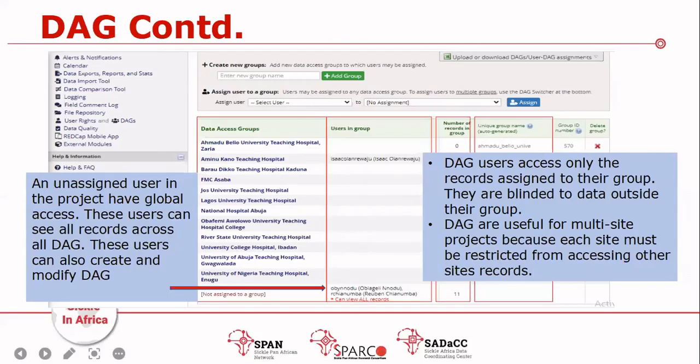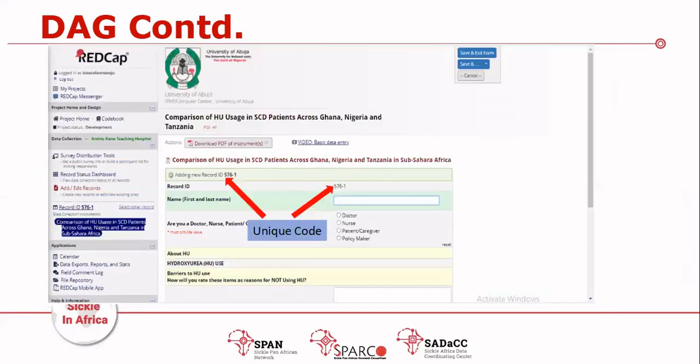Yeah, so basically that is it for the data access group. I just want to also add that a unique code is given to, let's say, for instance, Isaac, who is now a data clerk on this project. So whenever he enters data into the REDCap, this code is assigned to that particular record.